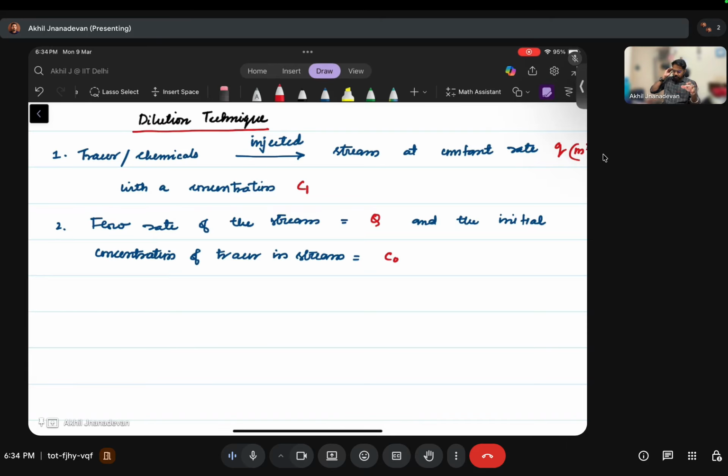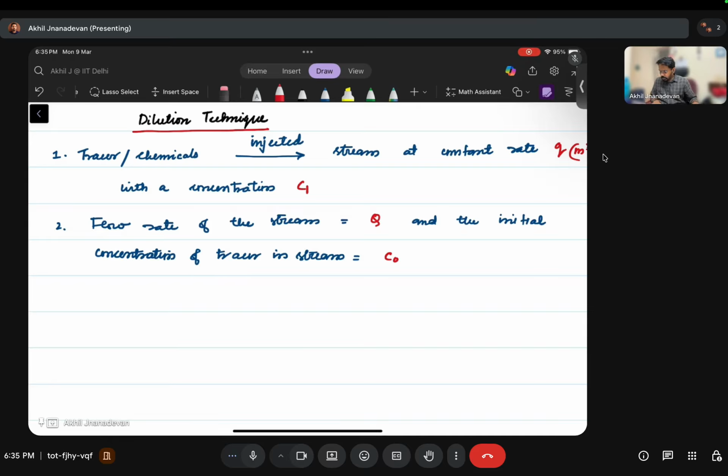Right. So these tracers can be something like sodium dichromate or radioactive chemicals. These are the common chemicals that are used as tracers. So if the stream was already having a C naught concentration of the sodium dichromate or any other radioactive chemical, right, that is C naught.